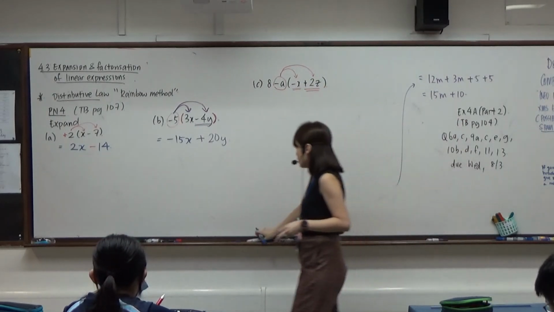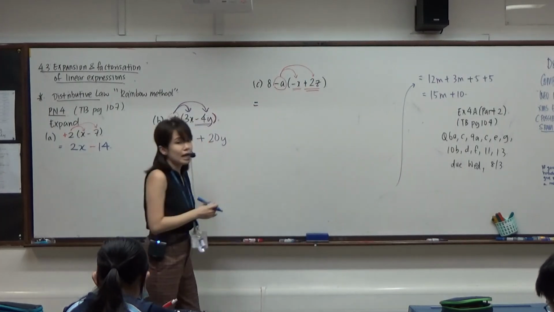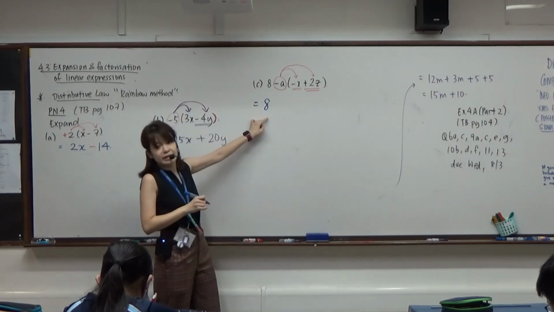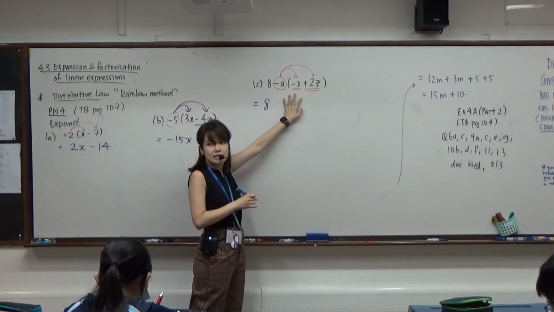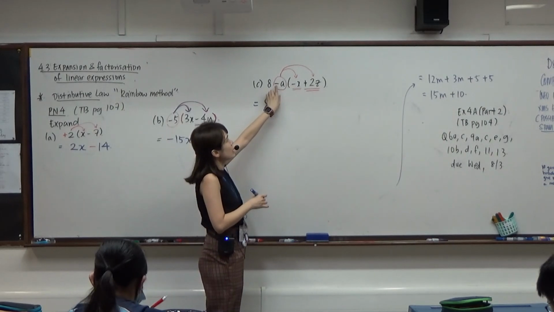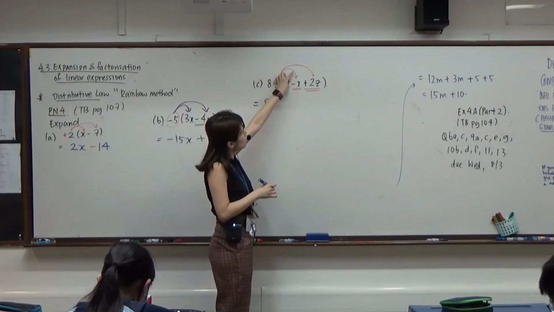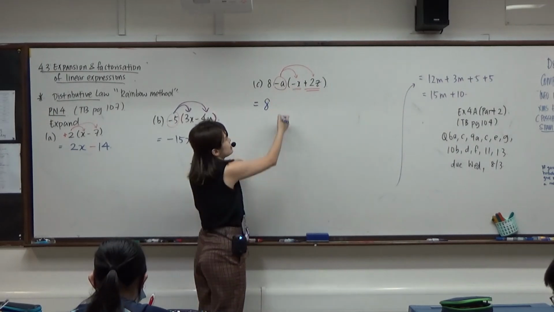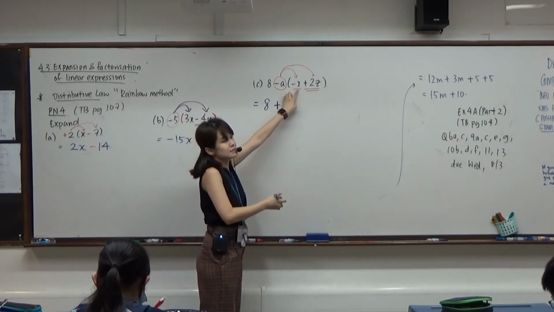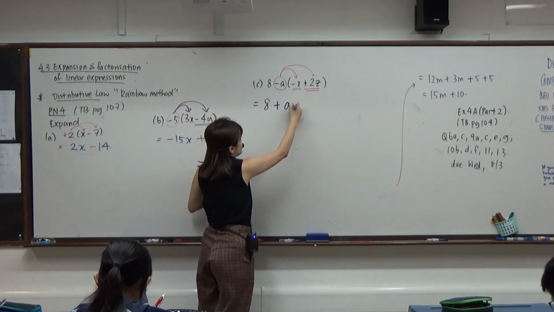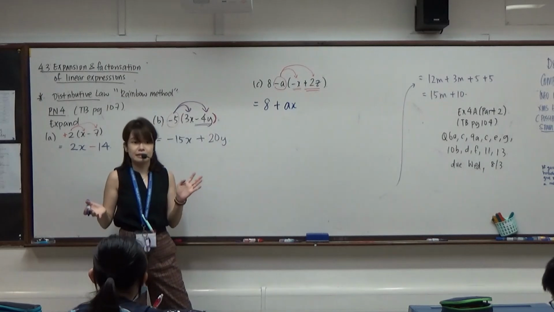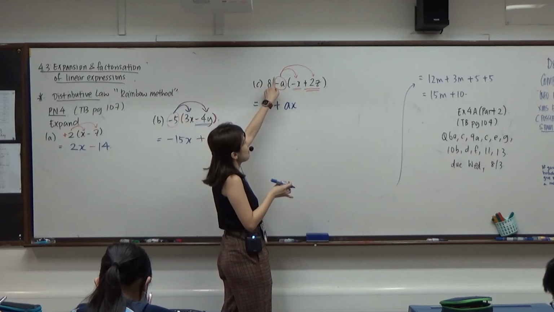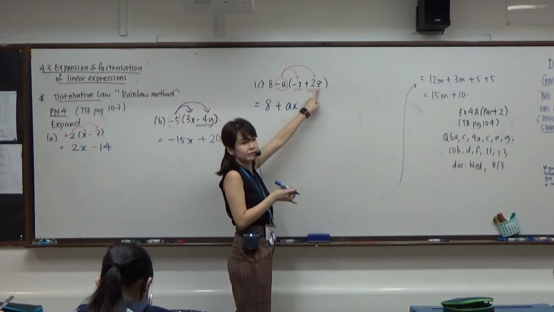Now, doing our expansion, our 8 maintains over here because it doesn't affect how we do our expansion. Next, we look at minus a, rainbow multiply with minus x. Minus and minus gives us a plus. A times x will simply give us ax. There's nothing else that it can give us. Then minus a multiplying with plus 2z.